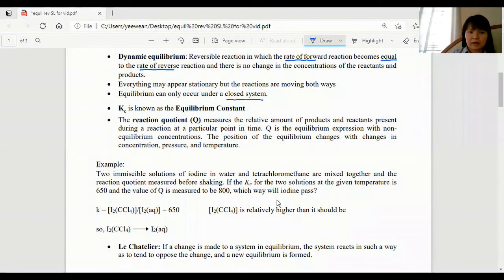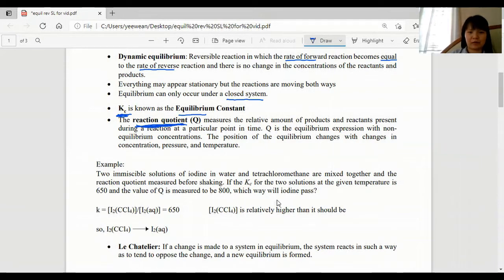We are going to calculate Kc, or reaction quotient. The way to calculate Kc and reaction quotient is actually the same method, just that Kc is when the reaction is at equilibrium, at dynamic equilibrium, while the reaction quotient is at any time of the reaction.